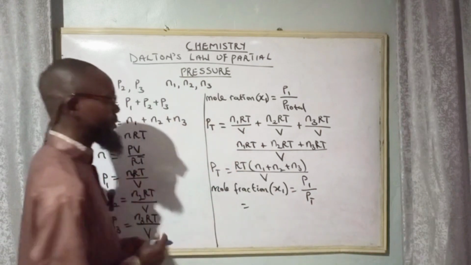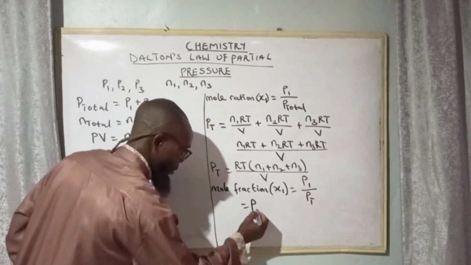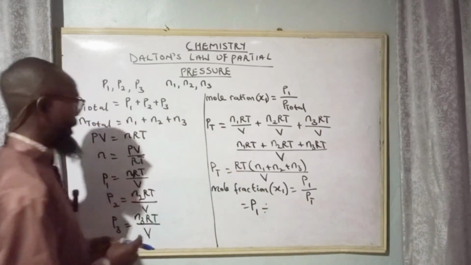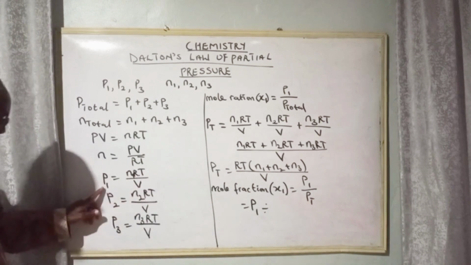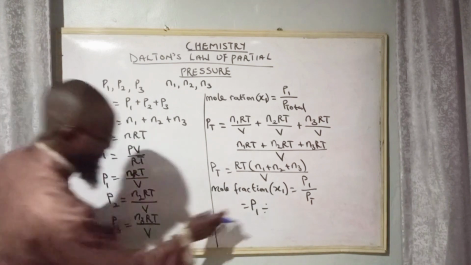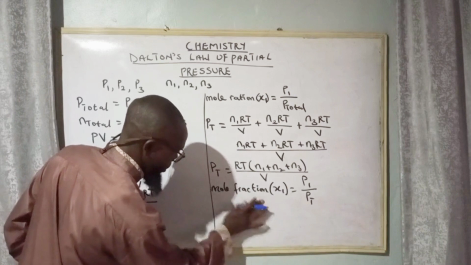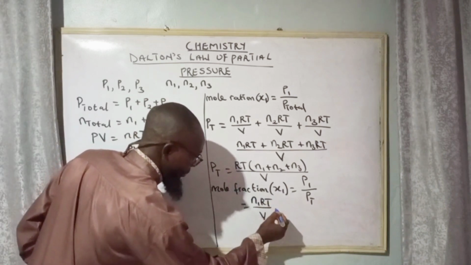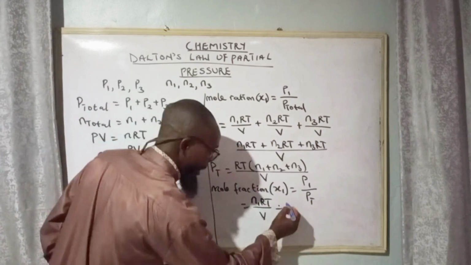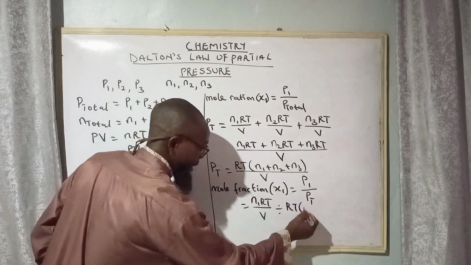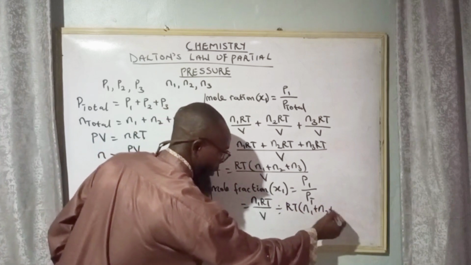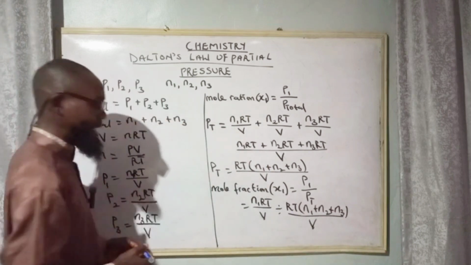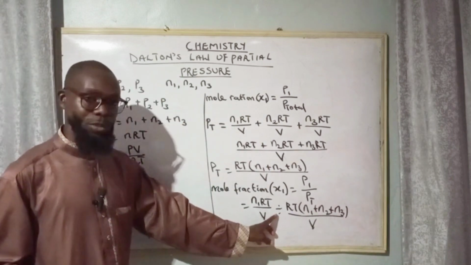So we have P1 divided by our P total. Don't forget, our P1 here is N1 RT over V, divided by my P total, which is RT in brackets N1 plus N2 plus N3 divided by V. So from here, our division will change to multiplication.